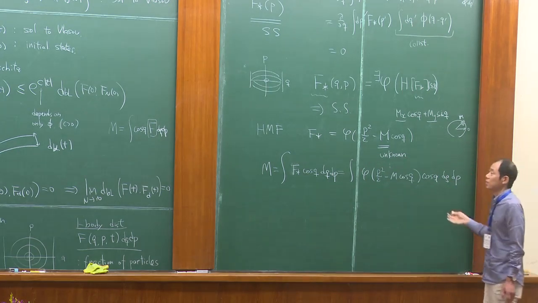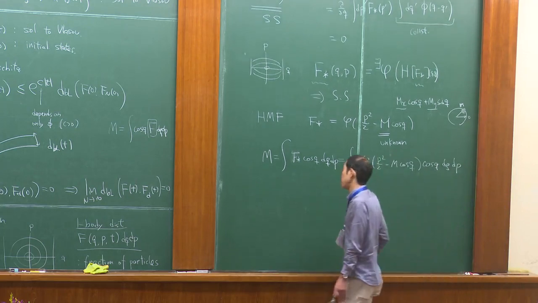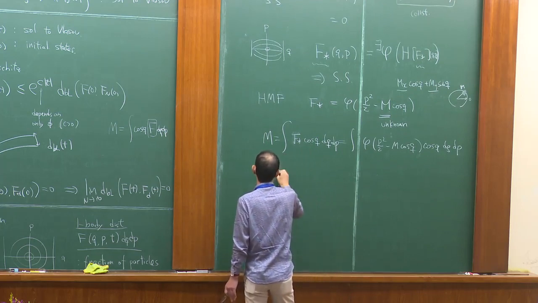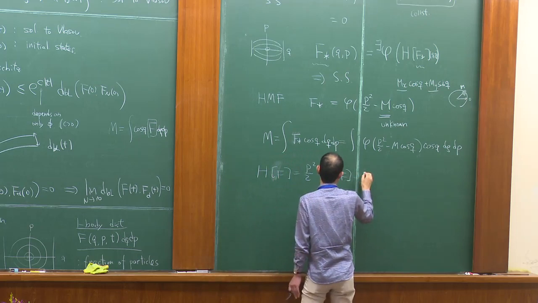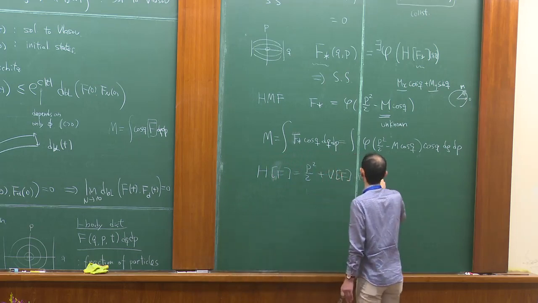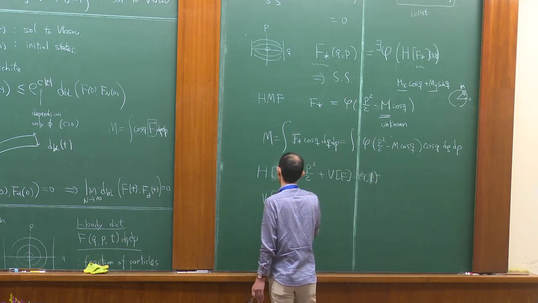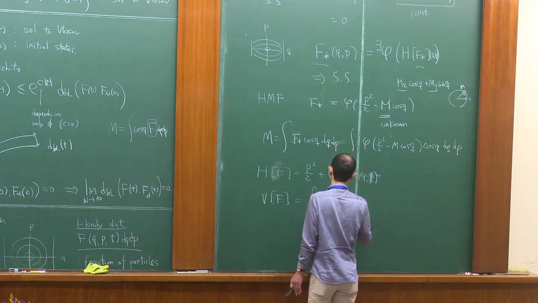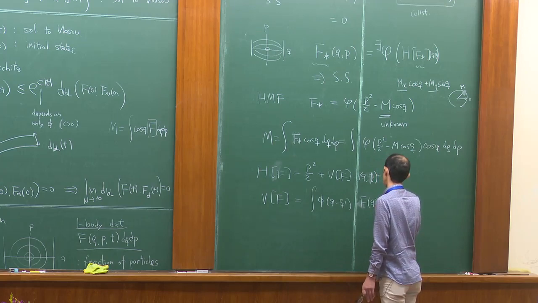It's simple. And if we consider the generalized system, then we still have the function phi. So I write the complicated part as a potential, and this potential is phi of q minus q prime and cosine, F of q prime, p prime, t.